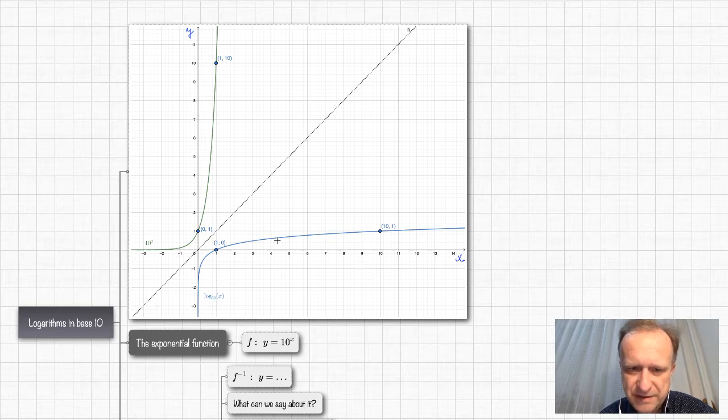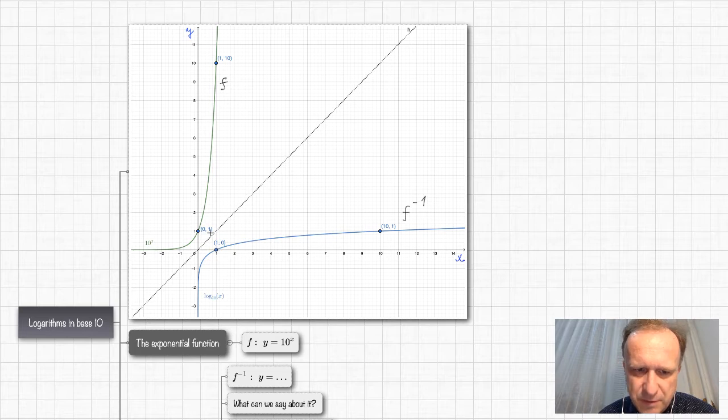This is exactly the thing that we are going to study. This is the inverse f inverse, while this was the function f. What is interesting about this inverse is that if you reflect this original curve on the diagonal of the first and third quadrant, then any point, for example with coordinates 0 and 1, is reflected to a point with coordinates which are interchanged.